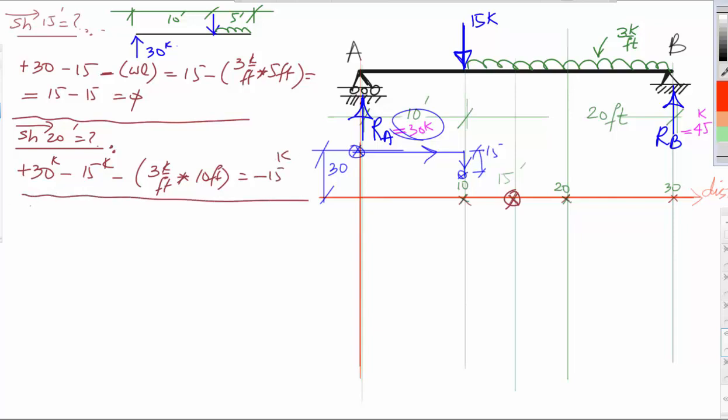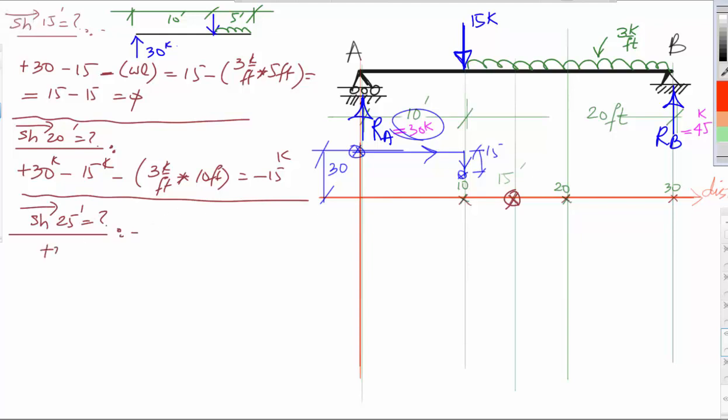So if I go to distance of 20, at 25 if I go, is equal to how much? Though I don't need to, because I know the uniform load will be a straight line, so if I draw a straight line that should do it. But let me just do the number. At 25 feet is equal to how much?